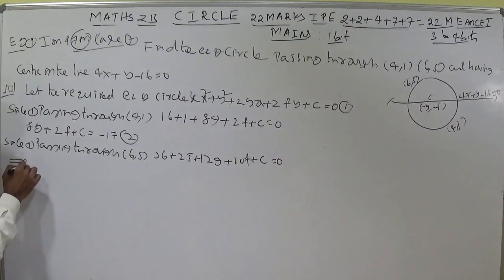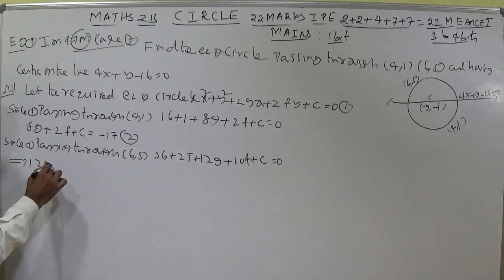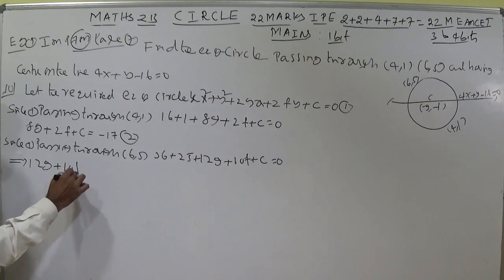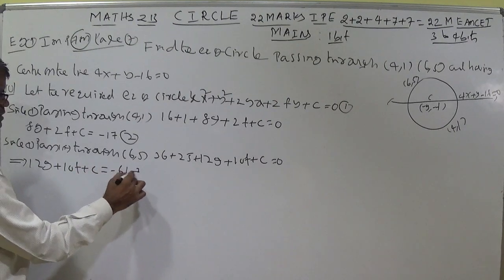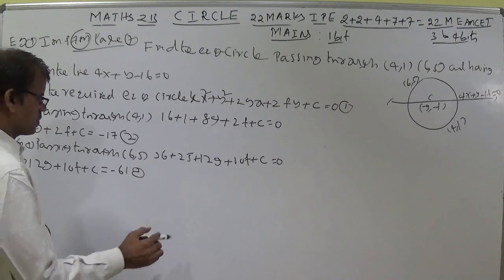That implies 12g plus 10f plus c is equal to minus 61. Let it be third equation.